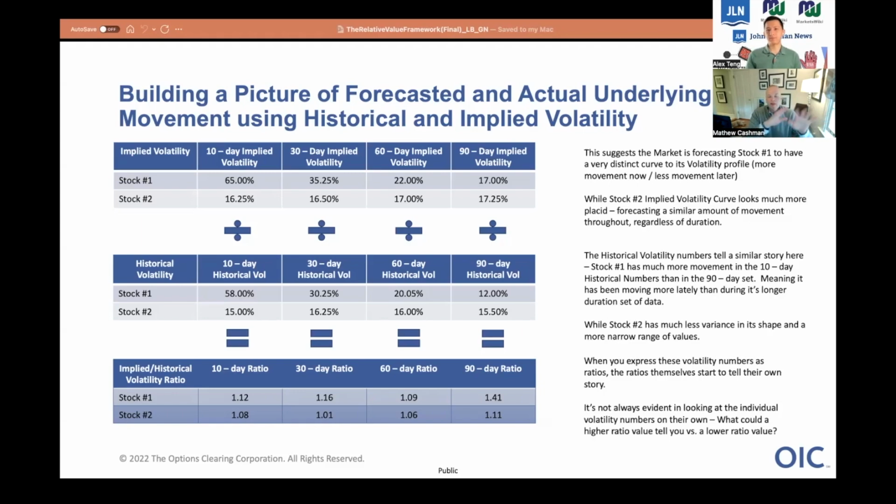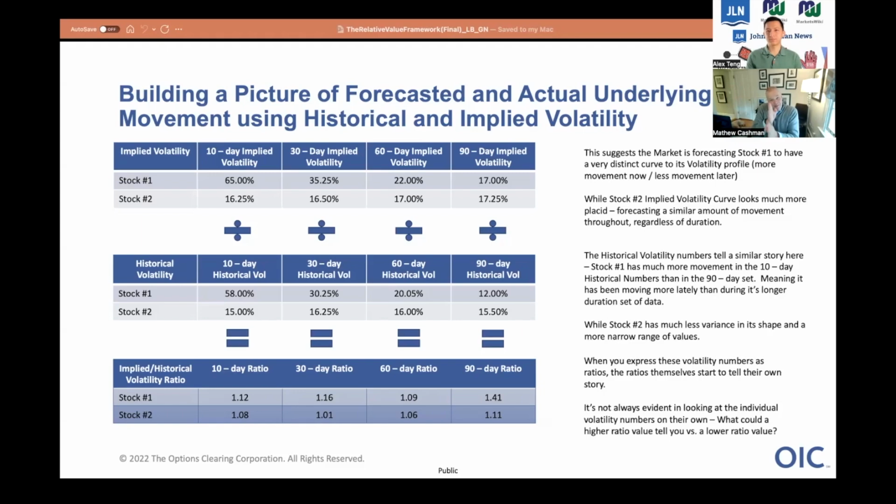It helps, and that's why the slide is titled as it is, building a picture of forecasted and actual underlying movement using these historical implied volatilities. And all you're doing is taking one number and dividing it by another number. That's all it is. That's the beauty of this whole thing, it's a very simplistic way to look at it, as long as you keep in mind historical vol is backward looking and implied vol is forward looking.